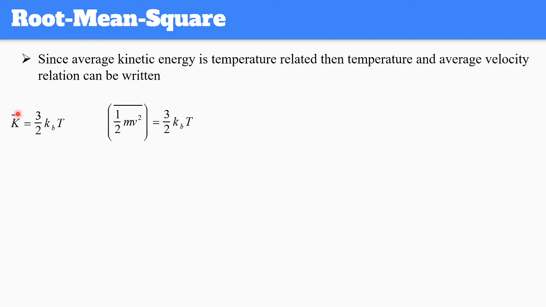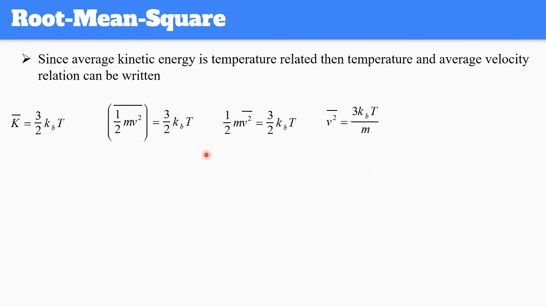So this is the average kinetic energy, so I just replace it with 1/2 mv squared. Then mass is basically one thing, so there is no average for that, but velocity is going to have some average. So velocity square average.